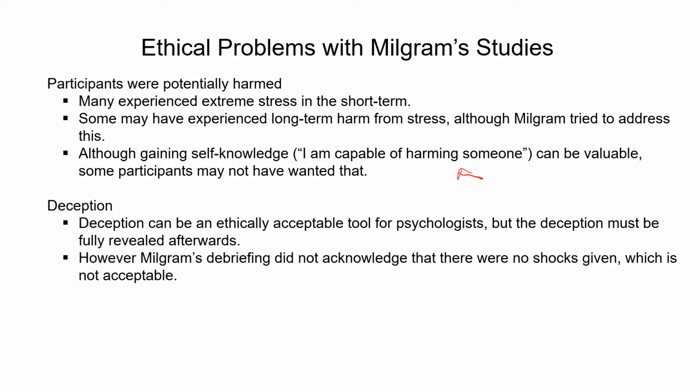And because it's so difficult to do, most IRBs, most institutional review boards, won't even approve it. So you're not likely to ever see experiments like the Milgram experiments again, even in a very controlled setting.